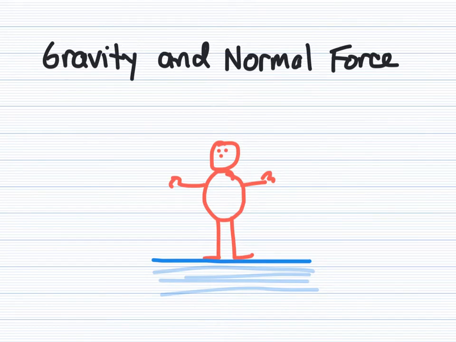So if the little man is standing on the ground, I'm going to draw in the force of gravity, and I'm going to do that by just taking my pen and drawing an arrow going down because gravity always works downward, and I'm going to label this F_g for the force of gravity.